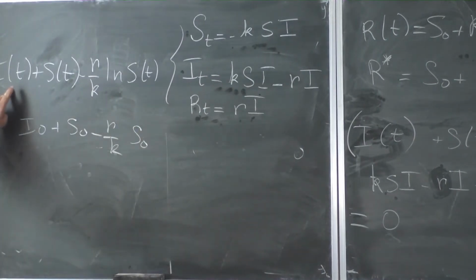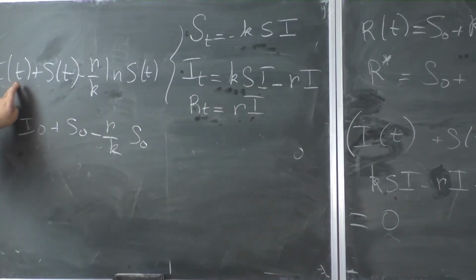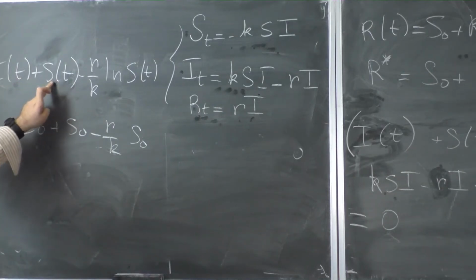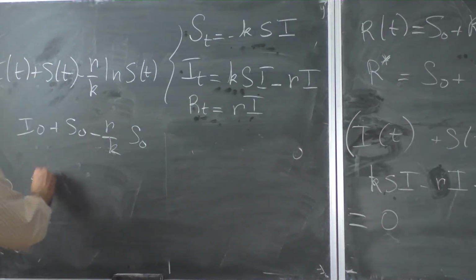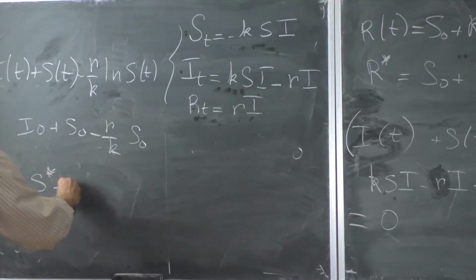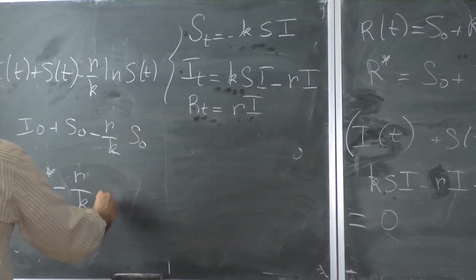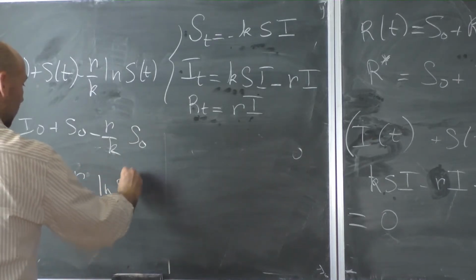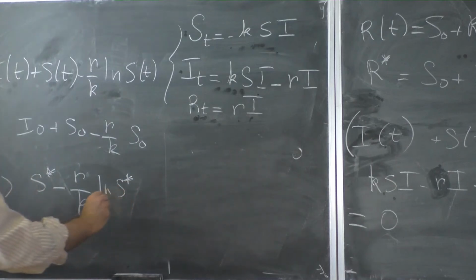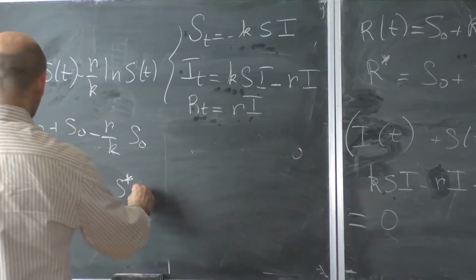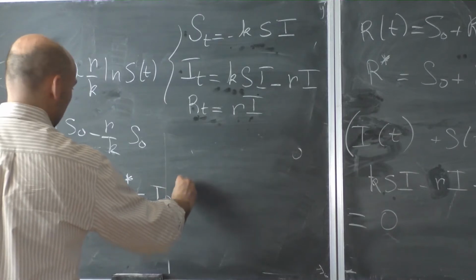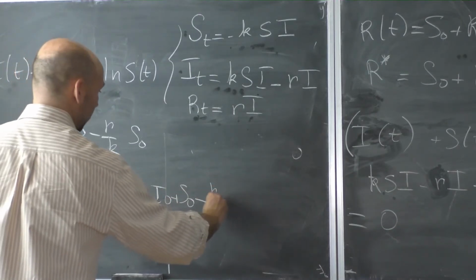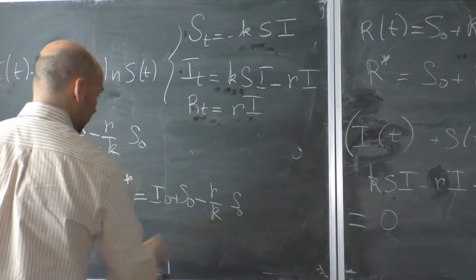And so now I know that this converges to 0 and this is converging to S star, so I get that S star minus R over K log of S star equals I0 plus S0 minus R over K log of S0.